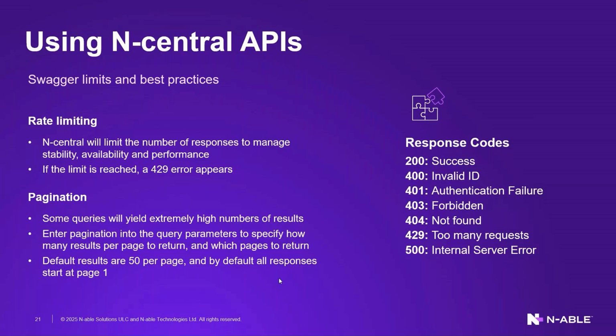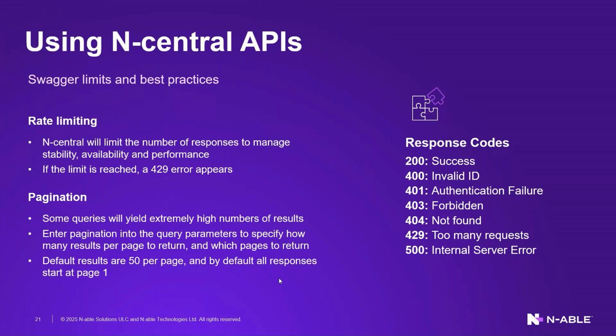If a limit is reached within the Swagger interface, you're going to get a 429 error. But you can also see the different response codes, and these are available within the Swagger interface as well. So 200 indicates that we have successfully got the information that we were looking for. The call has been successful. 401, for example, is authentication failure.